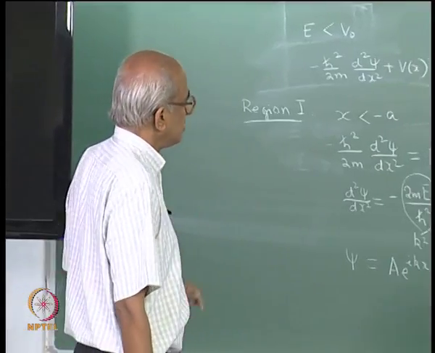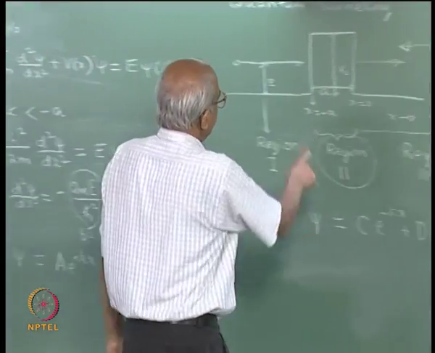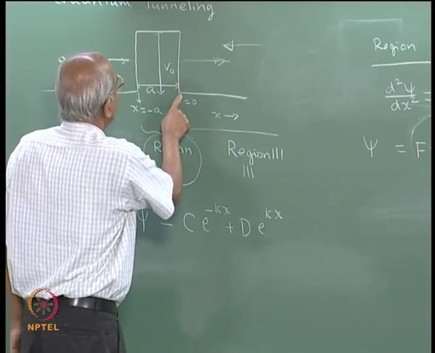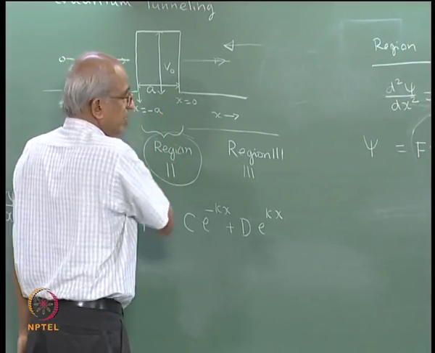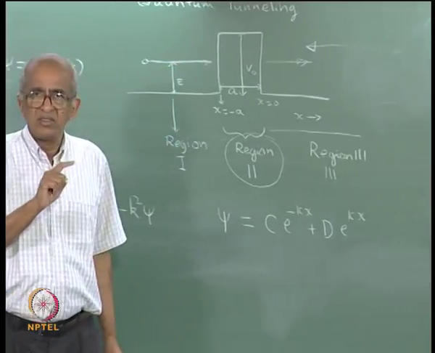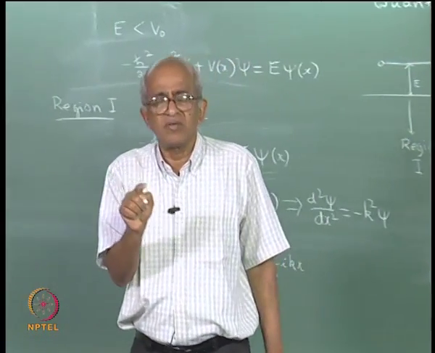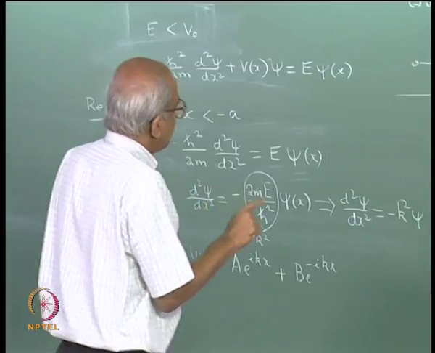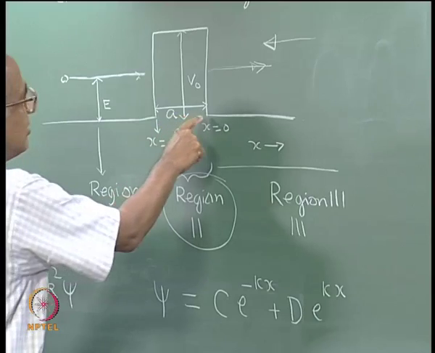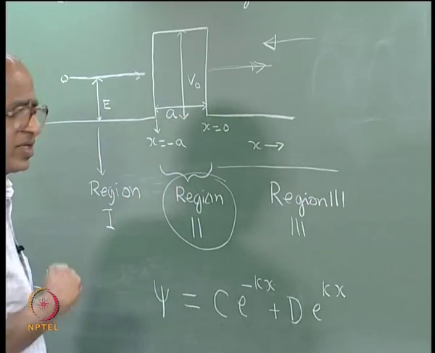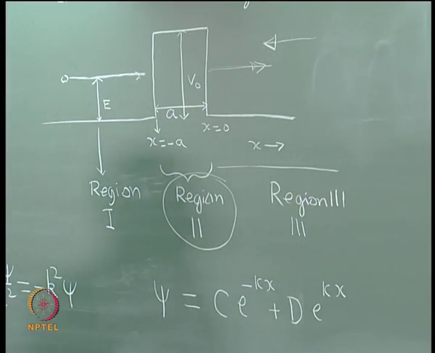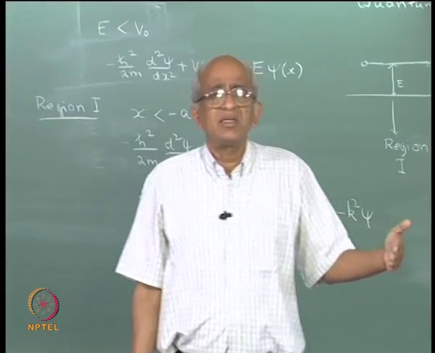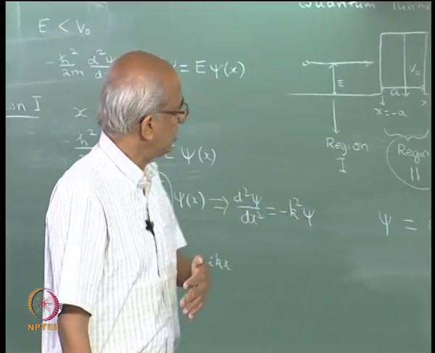What does that mean? It means that if I evaluate the wave function at x equal to 0, it has to be a continuous function. What is special about x equal to 0? It is the boundary between regions 2 and 3.